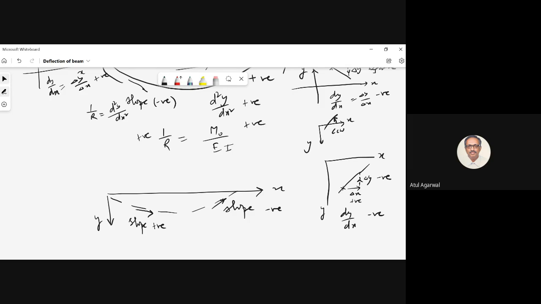Now you will say since the tangent is making a counterclockwise angle with the x-axis, the slope should be positive, but it is not so. You see, as you turn the x-axis towards the y-axis, you are turning clockwise, and your right hand screw will go into the board. So your clockwise rotation is positive.